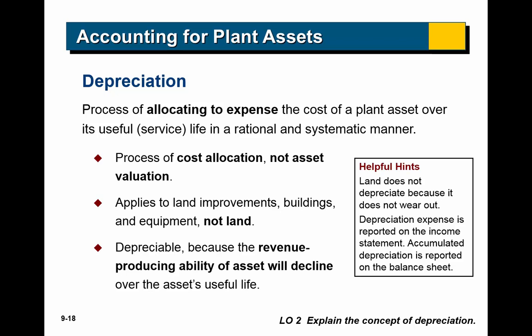The reason we worry about depreciation is because we want to match the cost of the asset with its revenue generating capacity. What I mean by that is, remember way back in the beginning we learned about the matching principle. If we spend money on an asset that we're going to use for running a business to generate revenue, in my case I use land and buildings, I rent those to people, and that generates revenue, then I want to match the expense of having those buildings with the revenue that they're earning.